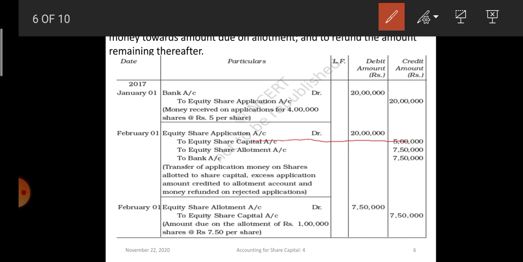So on 1 lakh shares at the rate of rupees 7.5, 7,50,000 will be adjusted towards allotment, and the balance excess money, since the question is silent, will be returned. If the question says that you have to adjust towards calls, then it will be credited to calls in advance.